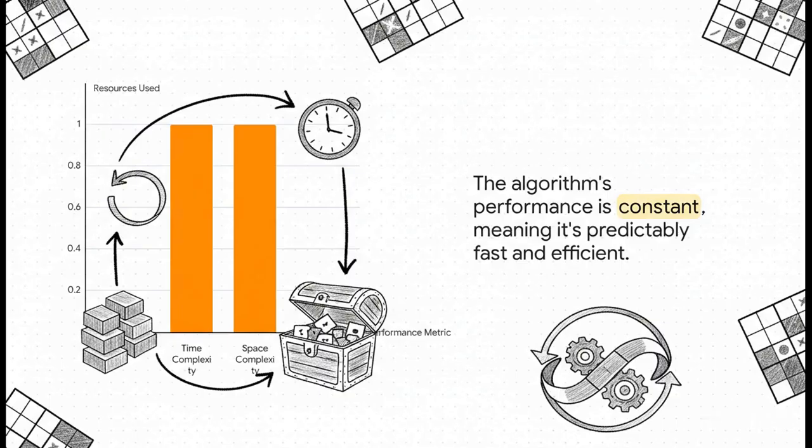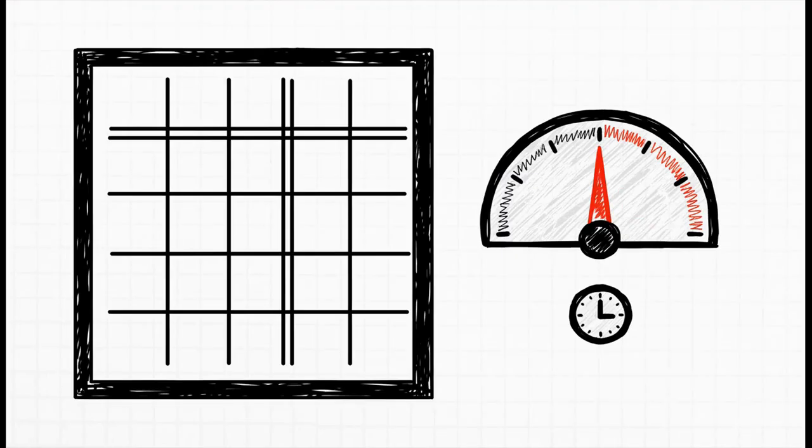But what does that actually mean? It's actually super simple. A Sudoku board is always 9 by 9, right? It's never going to be 100 by 100. So the computer knows at most it's going to have to look at 81 cells. The amount of work never ever changes. It's a fixed, predictable workload. And in algorithm terms, that's the fastest you can possibly get.